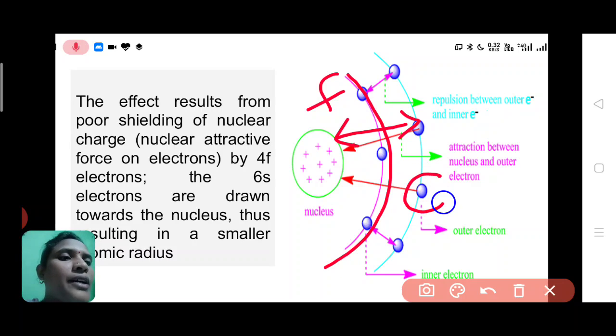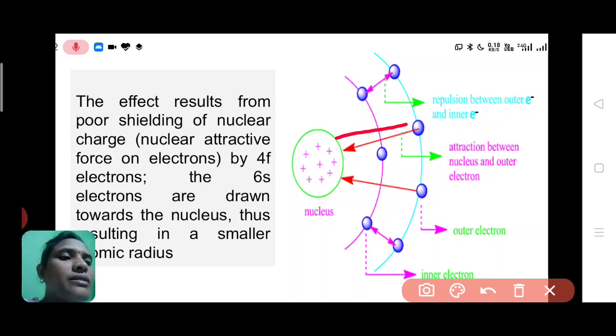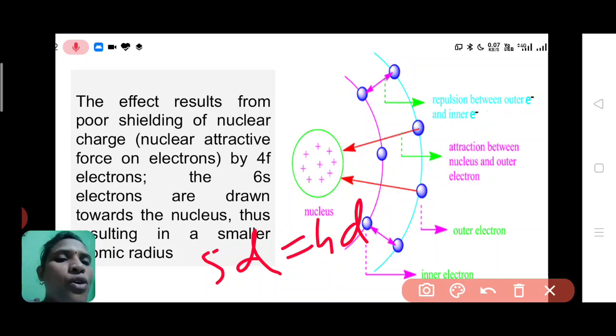That's why the outer electrons are not getting defense from this nuclear charge, and that's why there is a strong attraction between the outer electrons and the nucleus, and that's why a 5D element has a similar atomic size to 4D, or we can say a 5D element has a smaller atomic size than expected.